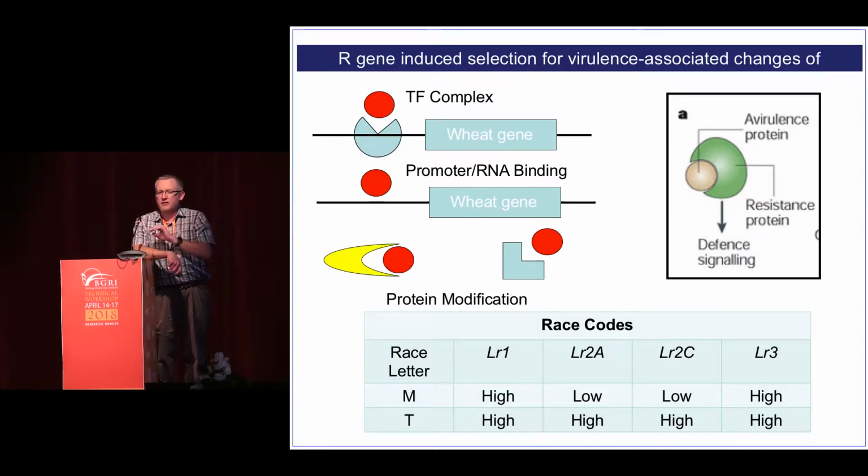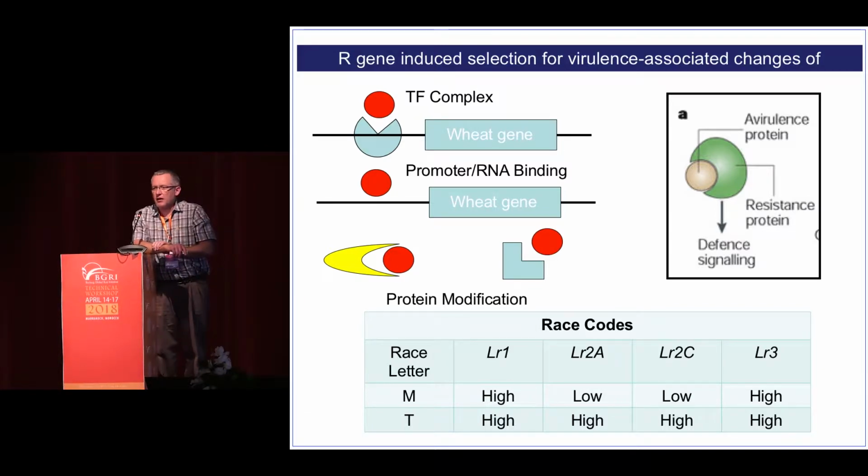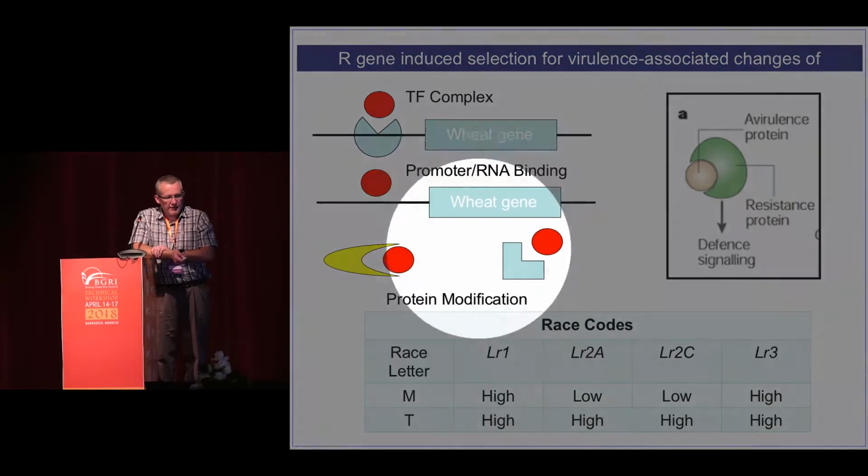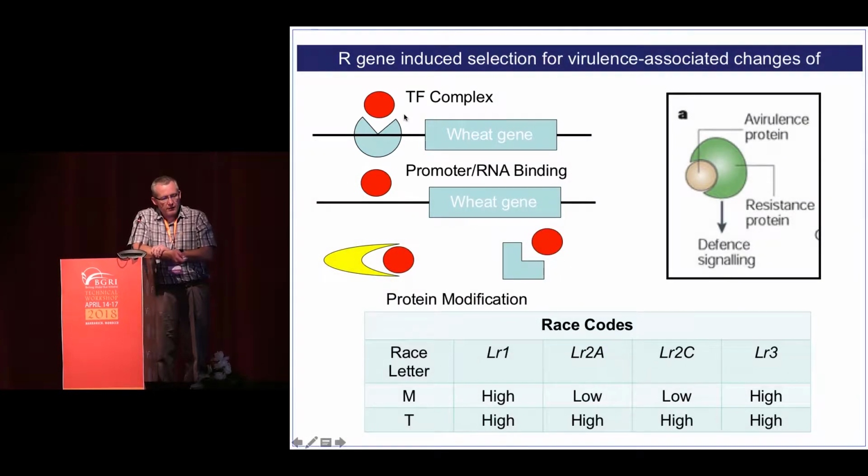It shuts down defenses. It makes that cell its own quickie mart, you might say. But these effectors, they have a purpose. And some of these are transcription factors. Some of them are promoter RNA binding. Some of them are protein modification.